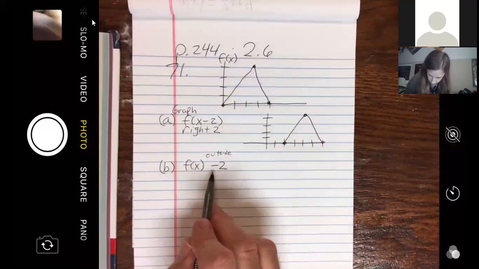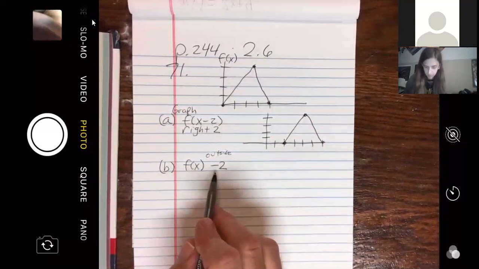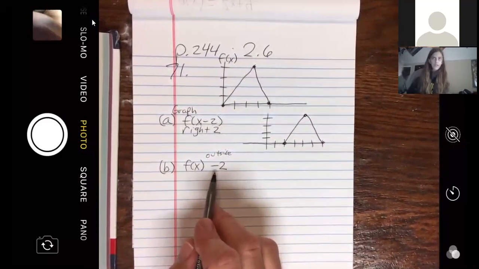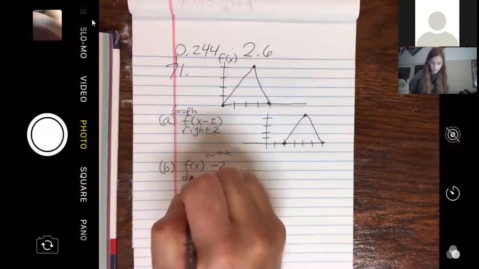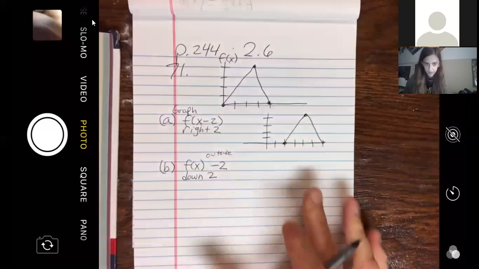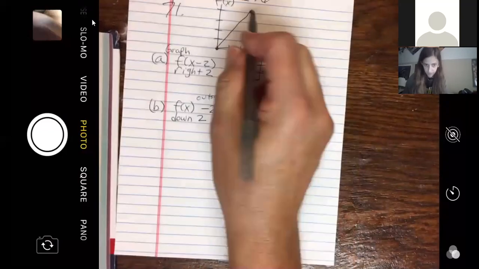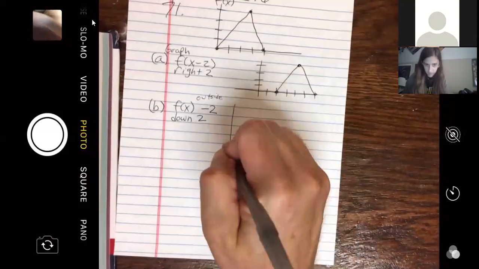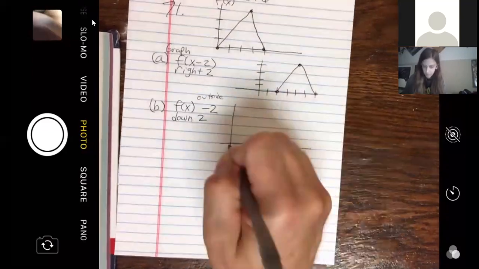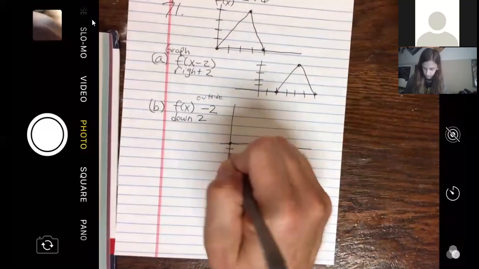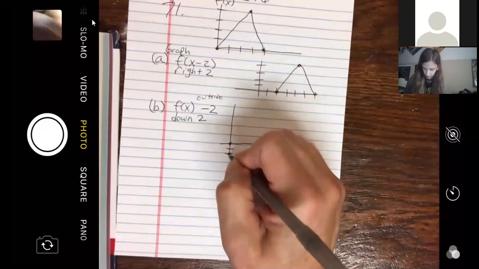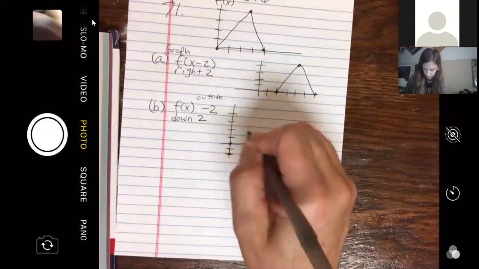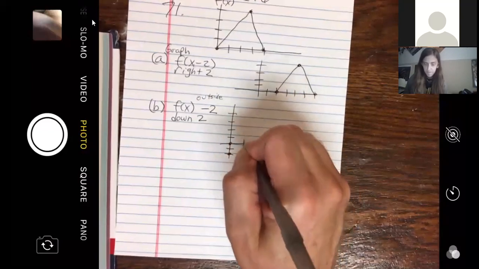Do you remember up, down, left, or right? Negative on the outside is down 2, exactly. So again, we're working off this original. The origin is going to go down to negative 2. Your point at 4 will go down to 2.